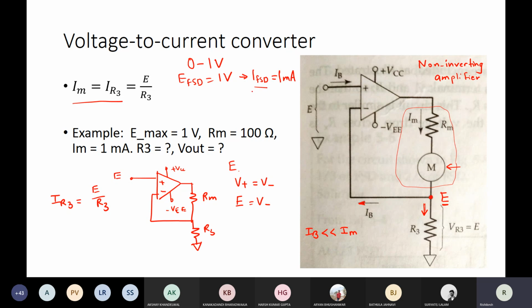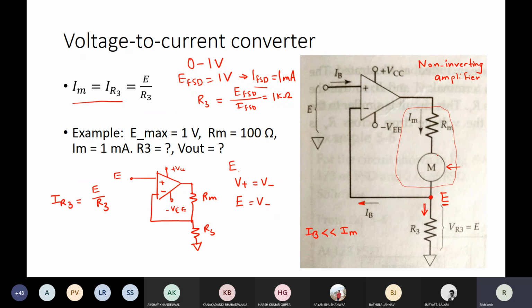Since this IFSD, the meter current, is flowing through R3, my R3 will be equal to EFSD divided by IFSD. How much is that? 1 kilo ohm.